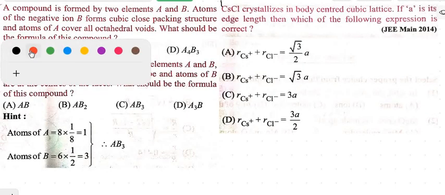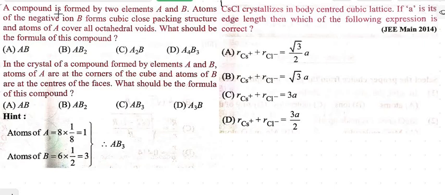Now next question, it says a compound is formed by two elements A and B. Atoms of the negative ion B form a cubic close packing structure. Please note, it is forming cubic close packing structure, while atoms of A cover all octahedral voids. What should be the formula of this compound?